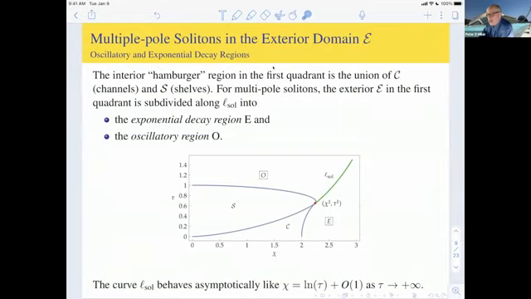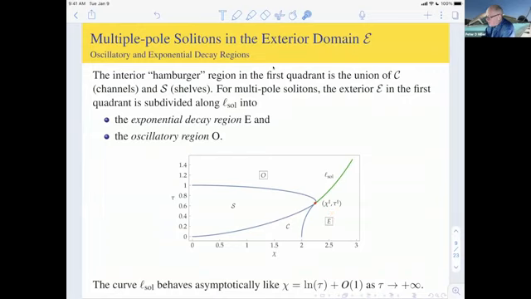So in that paper, what happens is that the exterior domain for the solitons gets split into two parts. The interior part, just to review for you, had the burger bun, which we called shelves for some reason in our paper, and then there's the meat of the burger, which is called the channels over here. But the exterior for the solitons is divided into an oscillatory region O and an exponential decay region E along this curve L sol.